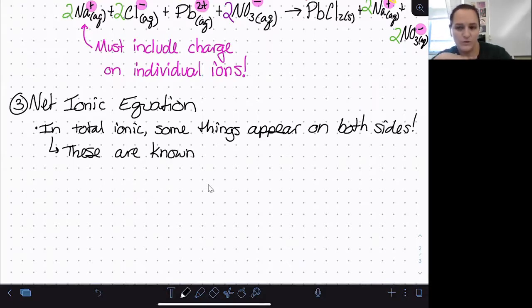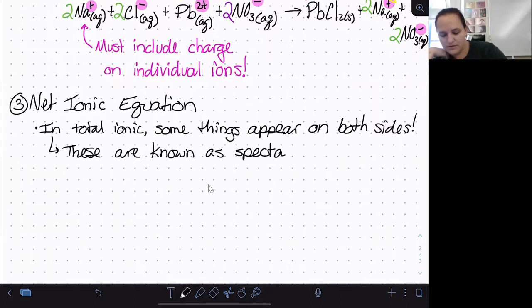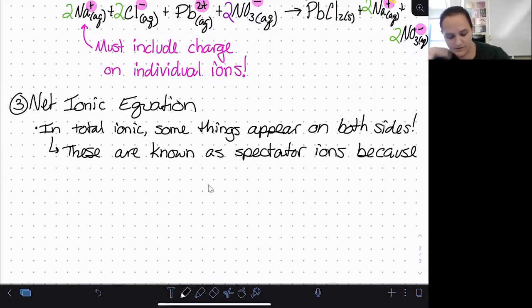They're sitting back and watching the chemistry happen, just like a spectator at a sporting event. They're not actually involved in the chemistry. They're not undergoing any chemical change.